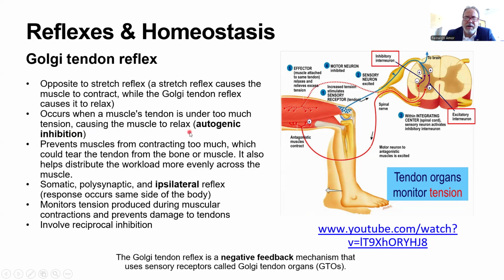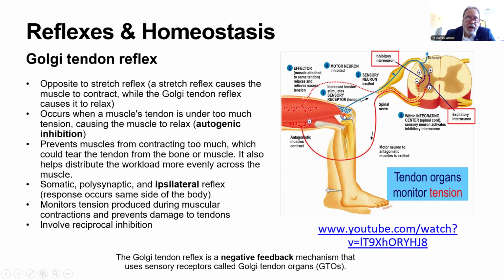So instead of causing the muscle to contract, like you saw in the patellar stretch reflex, we're going to induce muscle relaxation to protect the muscle. It prevents muscles from contracting too much, which could tear the tendon from the bone or muscle. It also helps distribute the workload more evenly across the muscle.